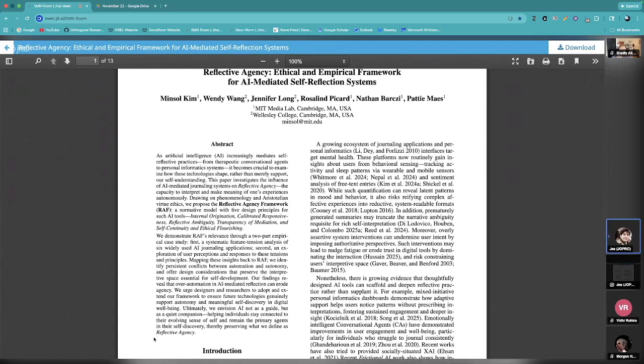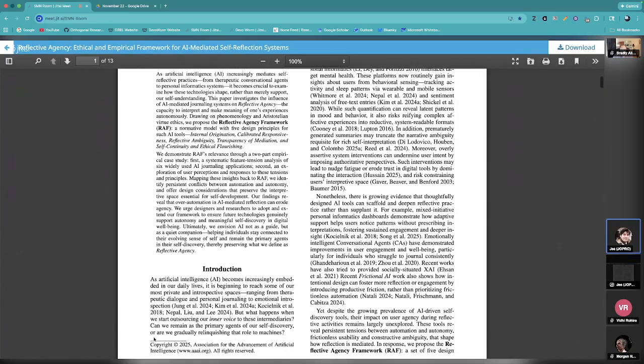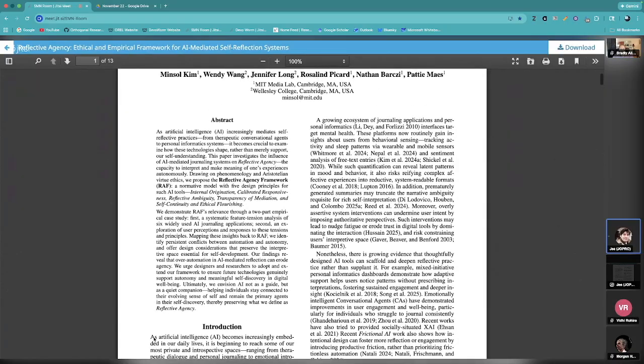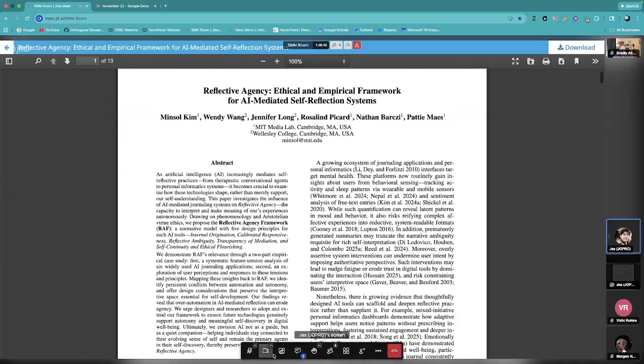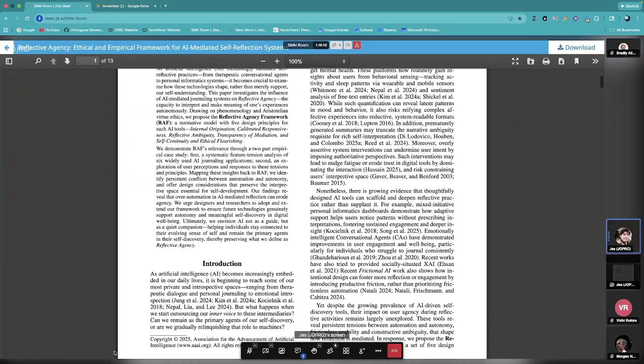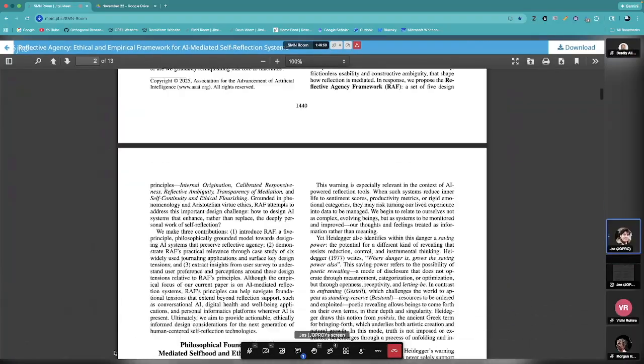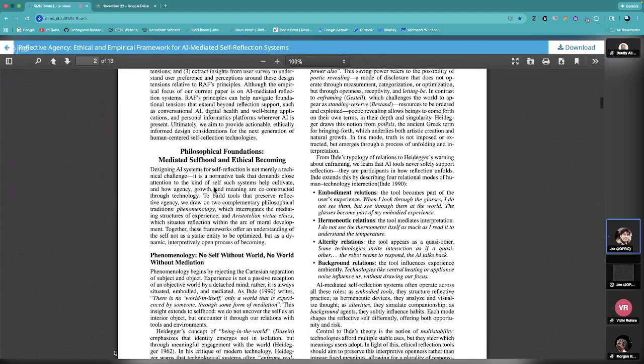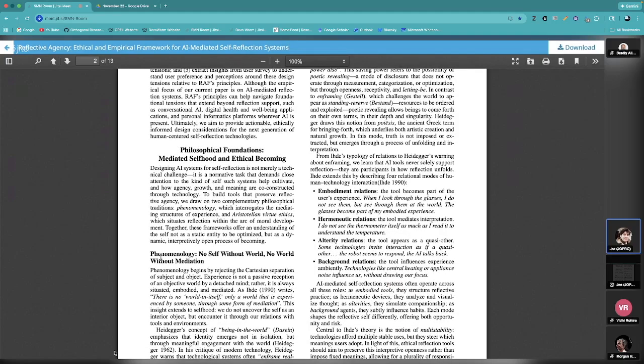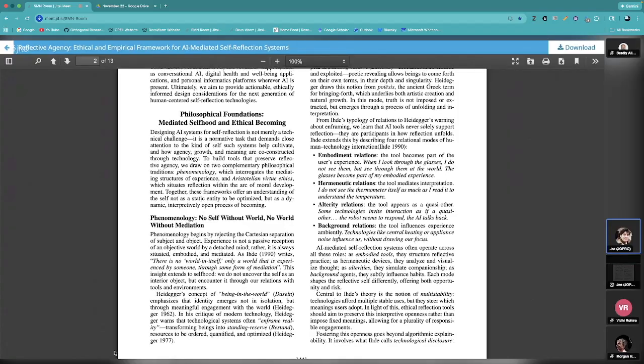What they look at, I don't have my highlights on this version, but that's okay, and what we can talk more about next time, is they ground their analysis in philosophy and phenomenology. They get at Aristotelian virtue ethics as some other philosophical grounding, but phenomenology in terms of Ihde and Heidegger.